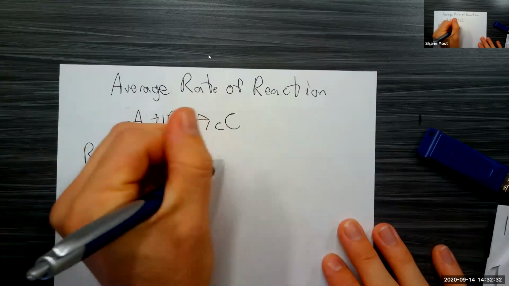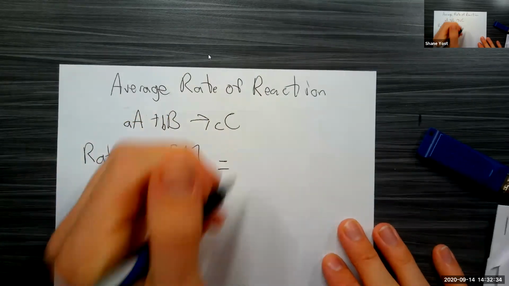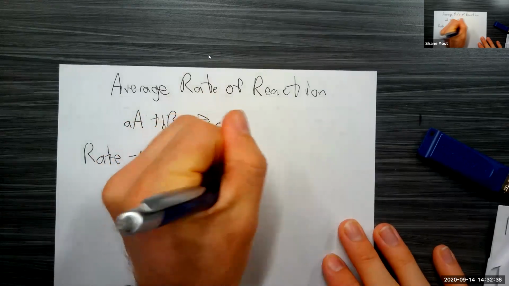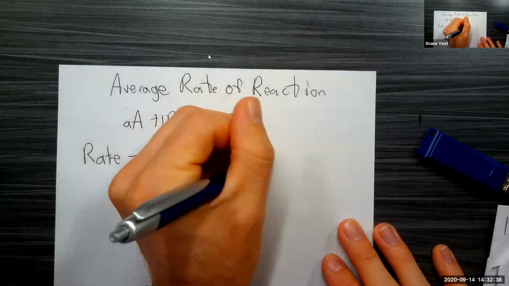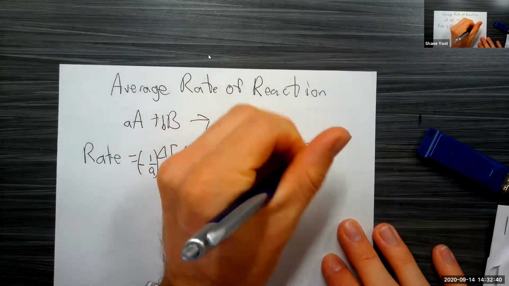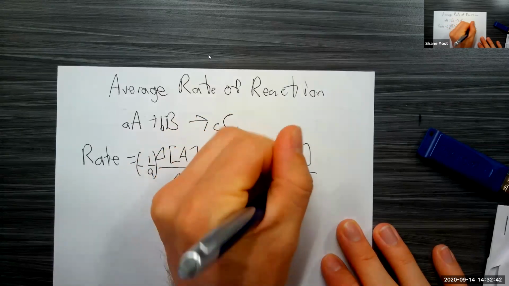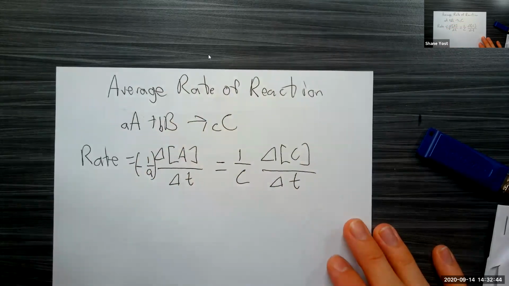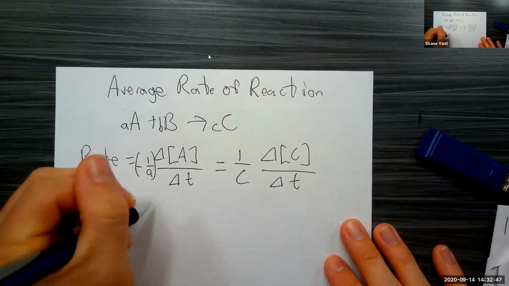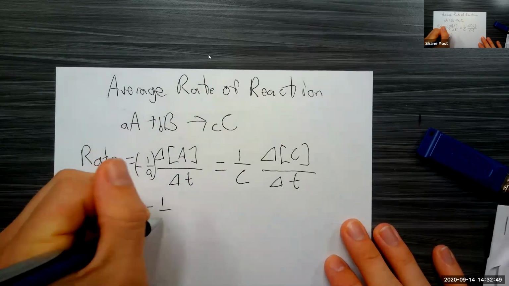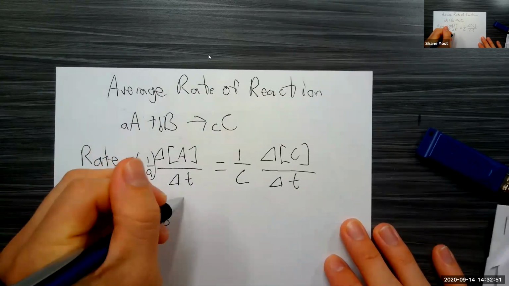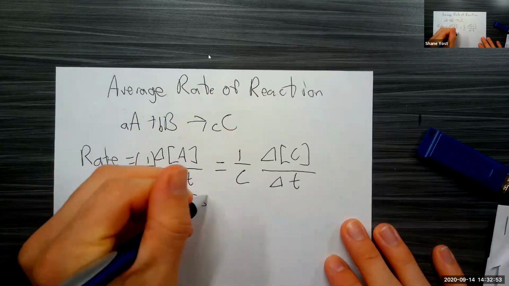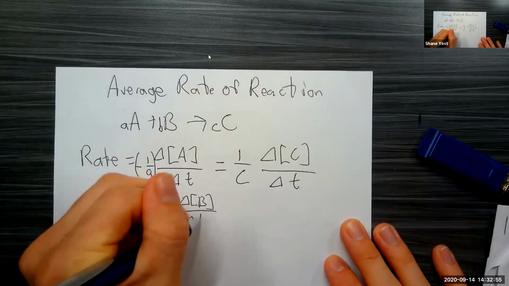And that is going to be the same thing as 1 over the stoichiometric coefficient of C here, times the change in concentration of C over change in time. And that's also going to be the exact same thing as minus 1 over B times the change in concentration of B over change in time.